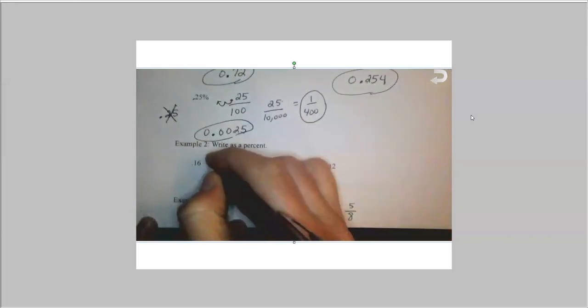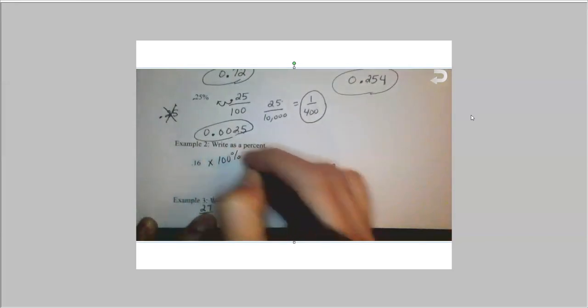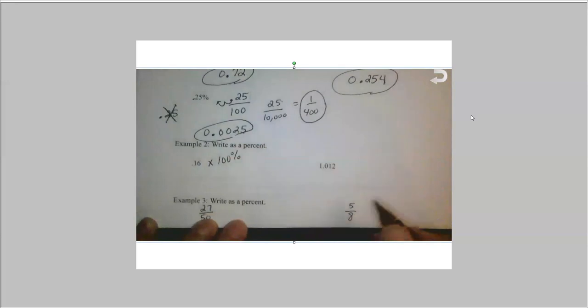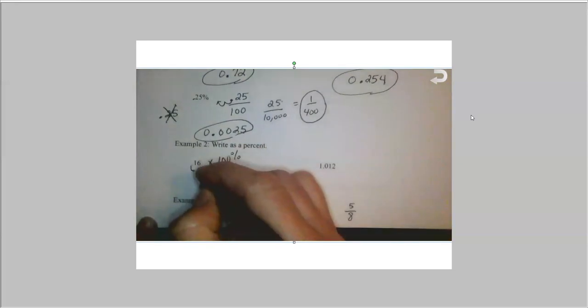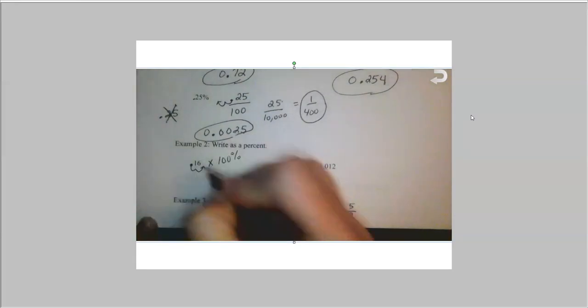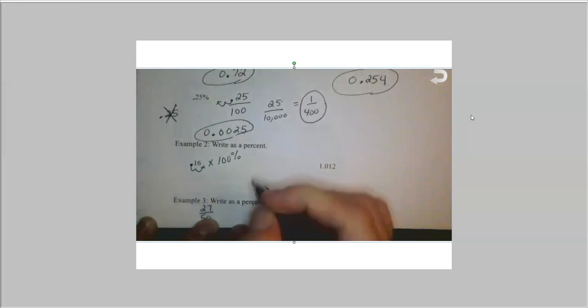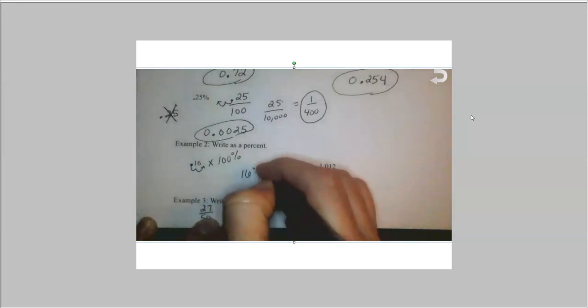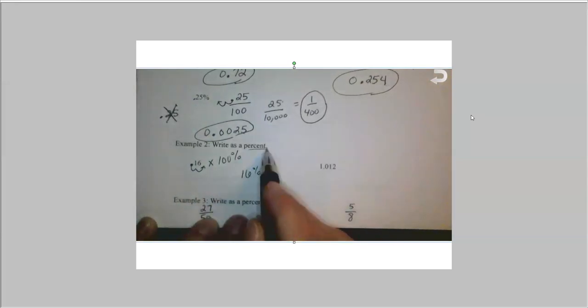So instead of dividing by 100, we're going to multiply by 100. Multiplying shifts my decimal 2 spots to the right. So 0.16, I don't know if you can see that very well in the video, 0.16 is the same as 16%. And that's all it asks me to do here, just write that as a percent.